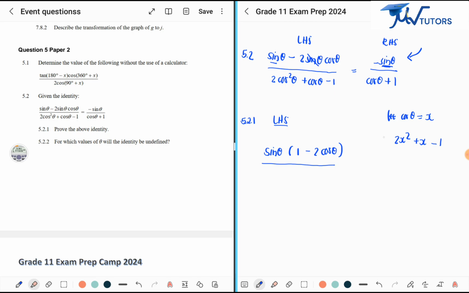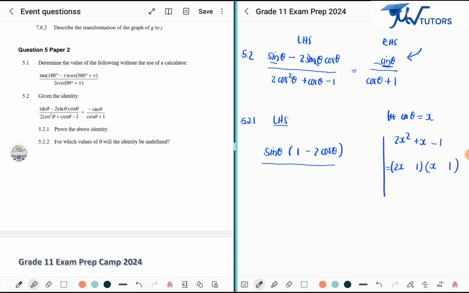Okay, if you are here, you can then factorize, can't you? I hope you can see it easily if you use 2 brackets. If you have to use the quadratic formula, you know what? If you're fast enough, I would say do it, just to make sure that you have the answer at the end of the day. But I would suggest using these brackets.